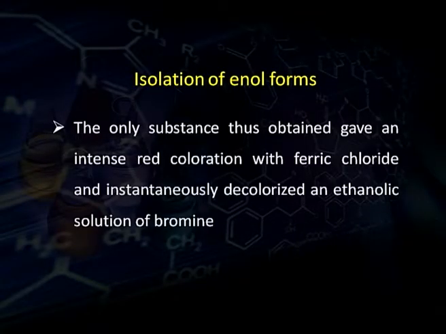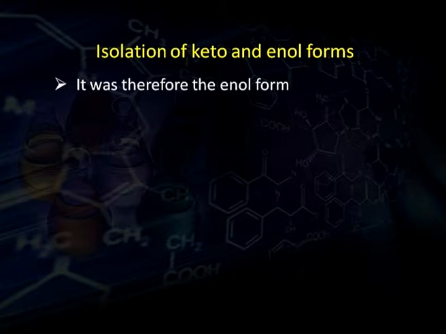The resulting mixture was freed from sodium chloride by filtration and the filtrate was evaporated under reduced pressure at 195 Kelvin. This gave the oily form, and this oily substance gave intense red coloration with ferric chloride and instantaneously decolorized an ethanolic solution of bromine. Obviously, this form was the enolic form.